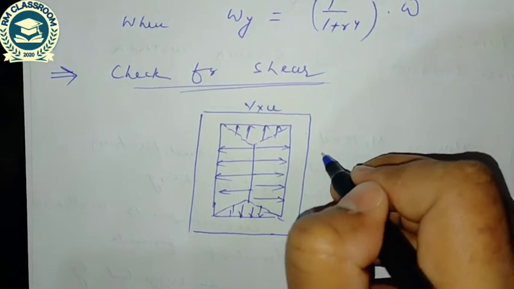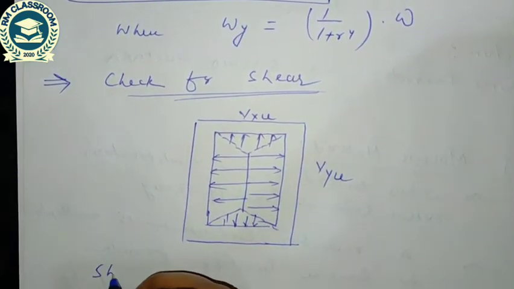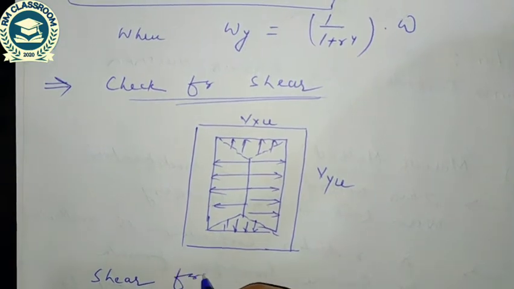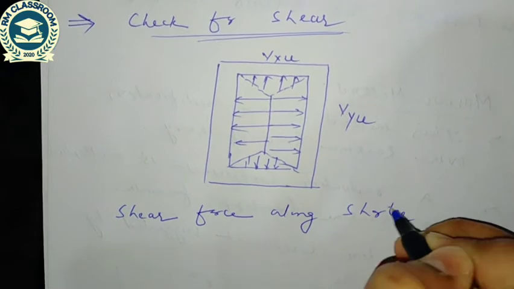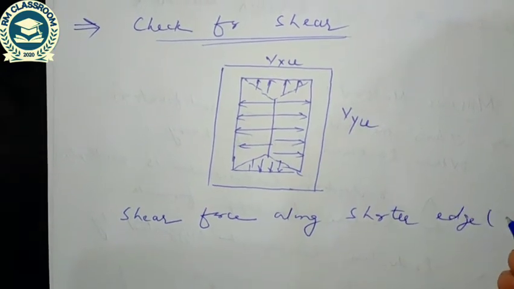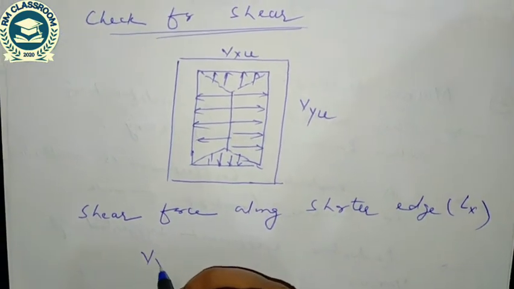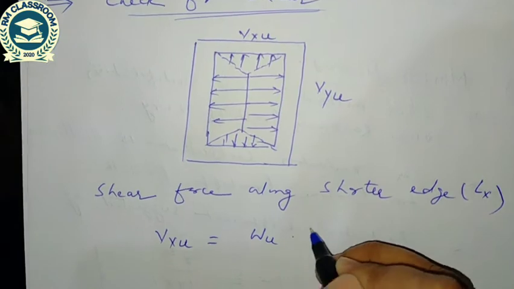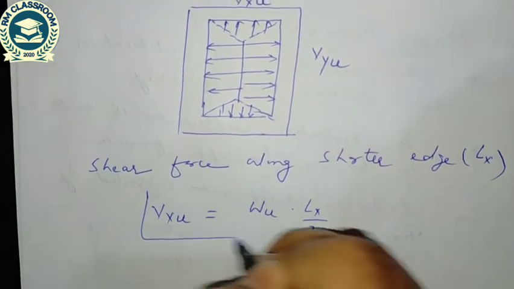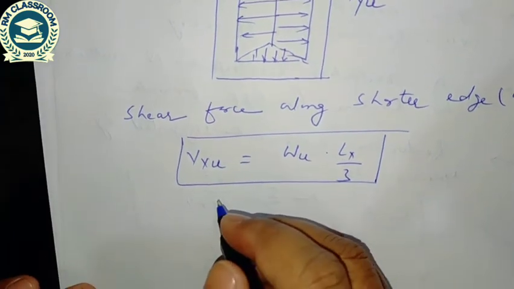Factored shear force in x direction and factored shear force in y direction. The shear force along the shorter edge, that is Lx, is the factored load into Lx by 3. So this is the shear force in x direction.